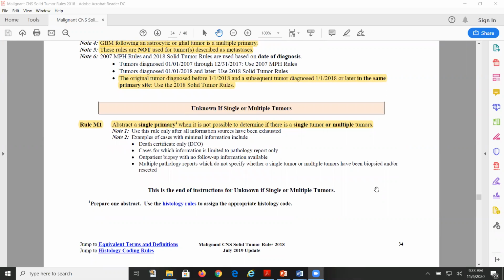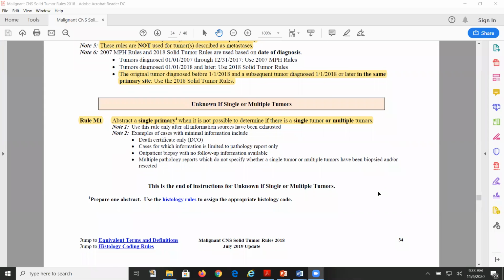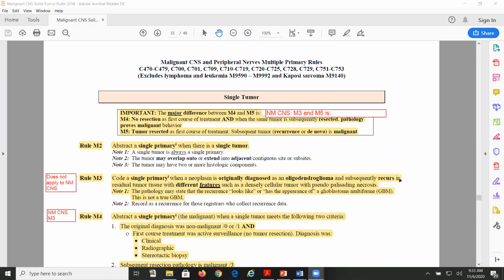So if we have the situation where it's unknown if single or multiple tumors, M1: abstract a single primary when not possible to determine if single or multiple tumors. Our rules for single tumors: M2: abstract a single primary when there is a single tumor.